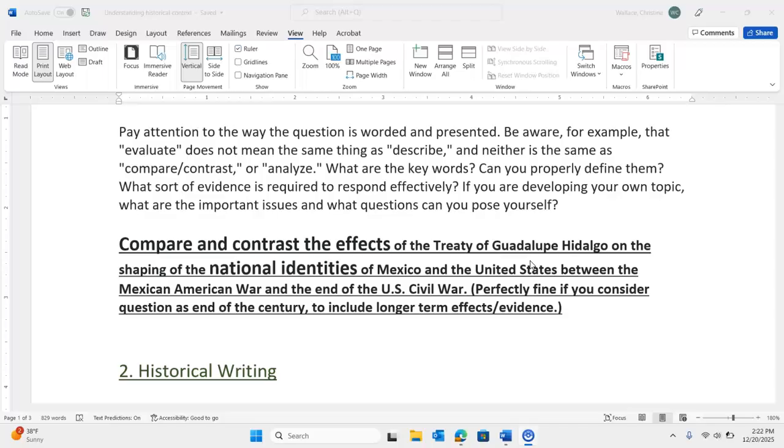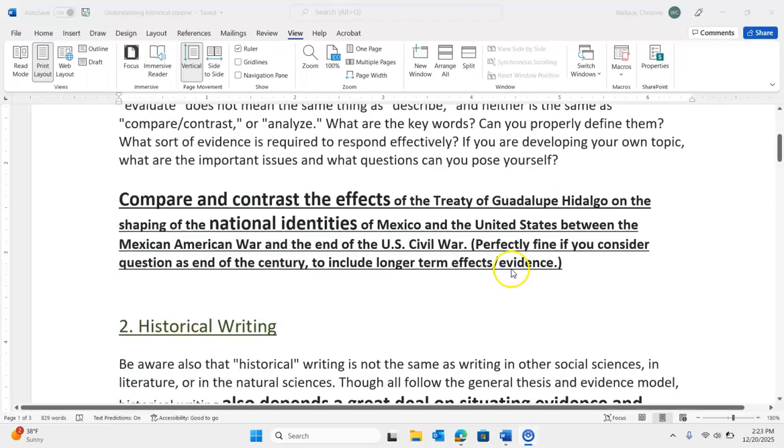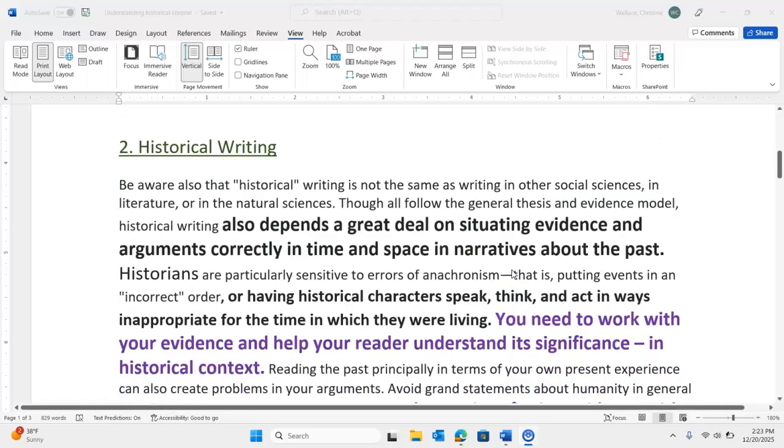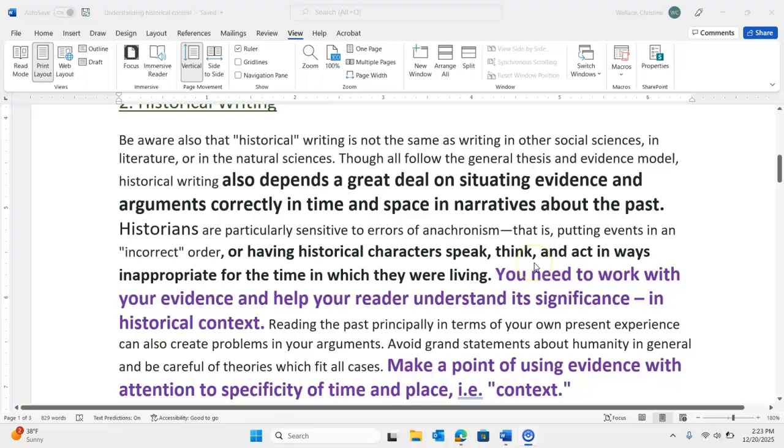If you wanted to build a paragraph that talks about some of the long-term legacy of the Treaty of Guadalupe Hidalgo, that's totally fine. So if you want to entertain a question that enables you to go further than the U.S. Civil War, that's totally fine and actually gets you into some historical context that might give you greater knowledge. So there are some advantages to doing that. So I'll leave that up to you. In terms of historical writing, this is just some things to think about.